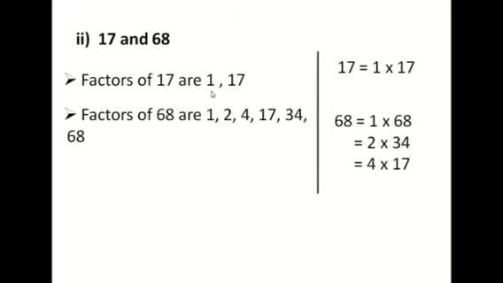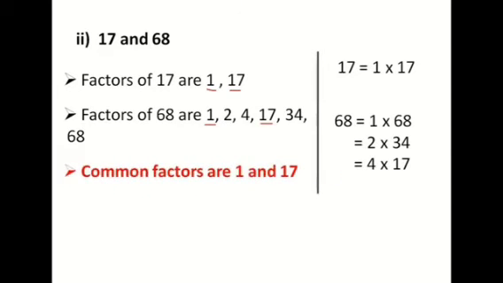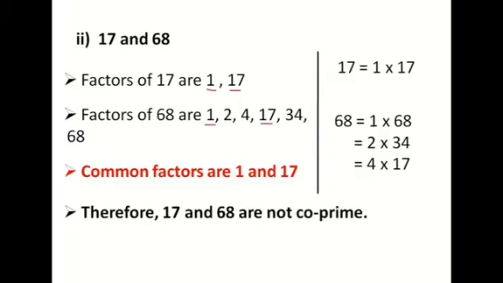Look here. 1 is a common factor. Any other? 17, yes, we are getting 17 also. So underline those two factors. Common factors are 1 and 17. Now tell me, are they co-prime? No, they are not co-prime. Therefore, 17 and 68 are not co-prime.